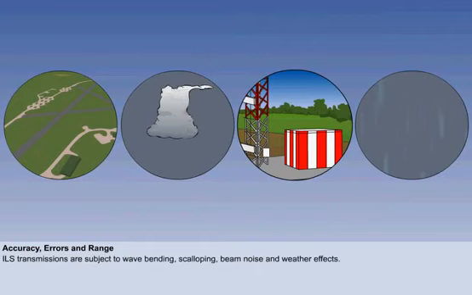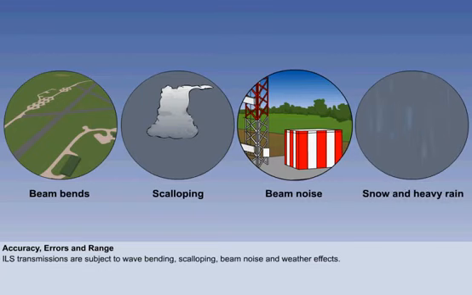The ILS is subject to the usual limitations on radio transmissions, which affect the indications. These are beam bends, caused by buildings and terrain, scalloping, caused by ground and atmospheric conditions, and beam noise, generated by the transmitter or interference.